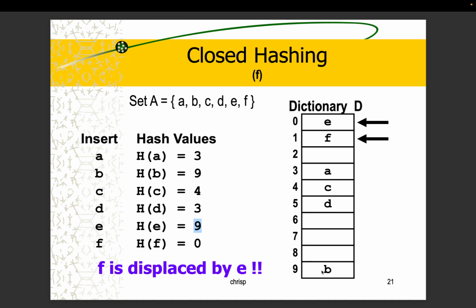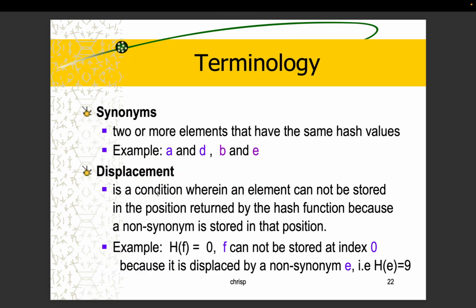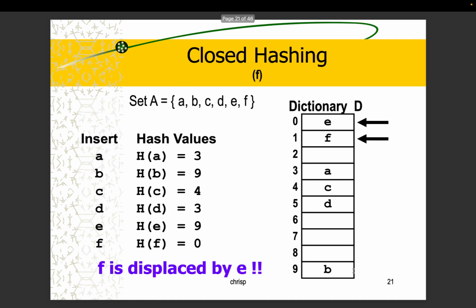But because na siya collision here, nabalhin siya dire. F is at index 0, but he couldn't be inserted. That is what we call a displacement. Naay nangawat sa iyahang pwesto nga dili niya synonym. So in that case, F cannot be stored at index 0 because it was displaced by a non-synonym letter E. So mo na siya, displacement.